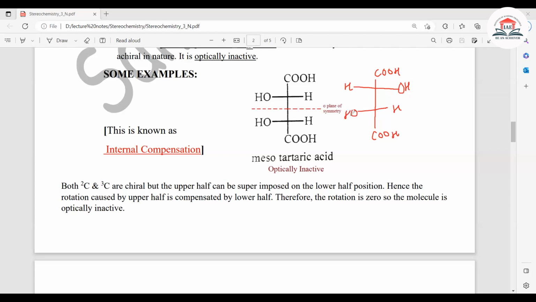So at first look, you will think that these two molecules are exactly the same, but no. You can see that carbon number 1 in both molecules is similar, but carbon number 2 is somewhat different, because in this molecule that I just drew, in carbon number 2 the OH is on the right hand side, right? And here the OH is on the left hand side.